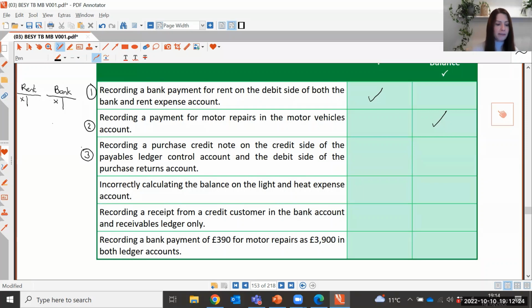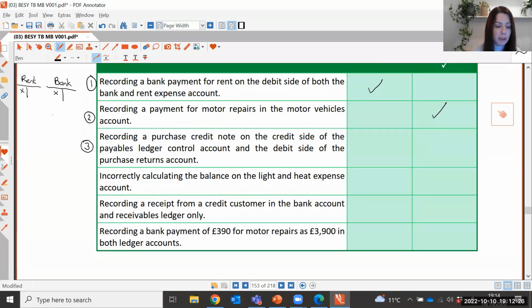And then number 3, we've got recording a purchase credit note on the credit side of the payables ledger control account and the debit side of the purchase returns account. So again, we're going to draw around what it is that they have done. So we've got the payables ledger control account and the purchase returns account.